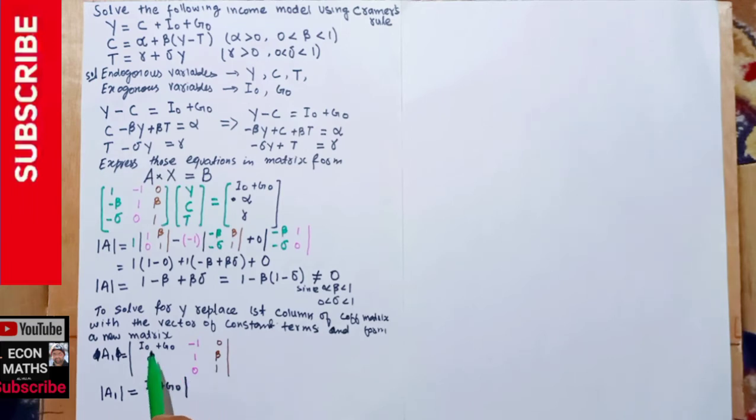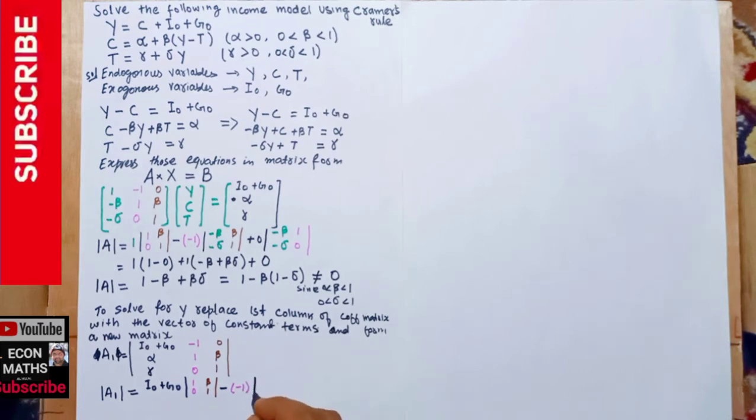I mentally delete the row and the column in which it appears, and take the determinant of the remaining elements. The remaining elements are 1 0 beta 1. Then we have the minus sign, and here it is also minus, so I will write this -1.